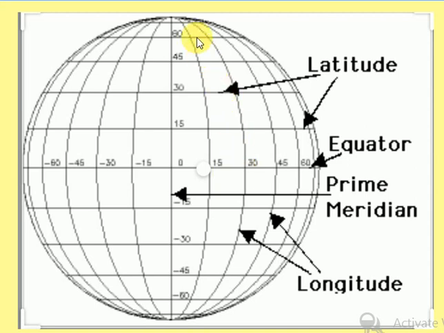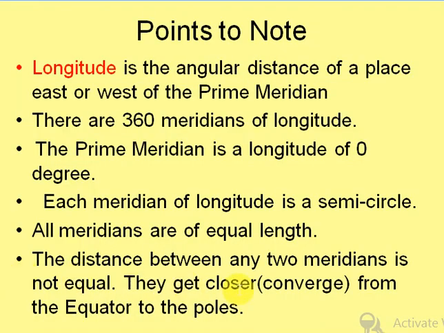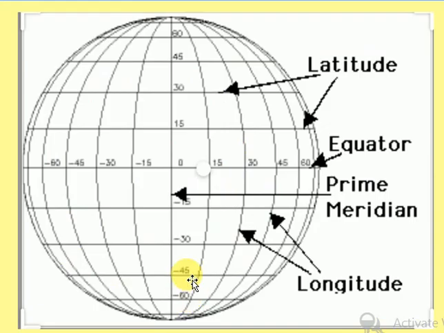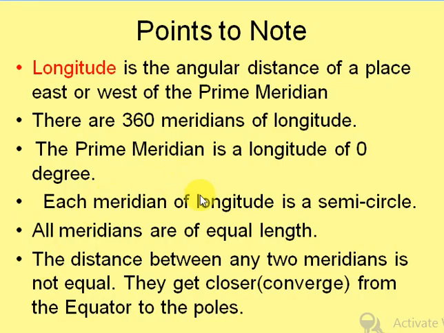So here it is more, and as you move towards the pole, it becomes less. So you can say that the distance between any two meridians is not equal. They get closer when you go from the equator to the poles. So I hope you have now understood more about longitude.